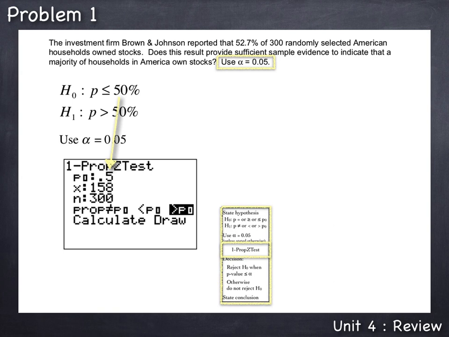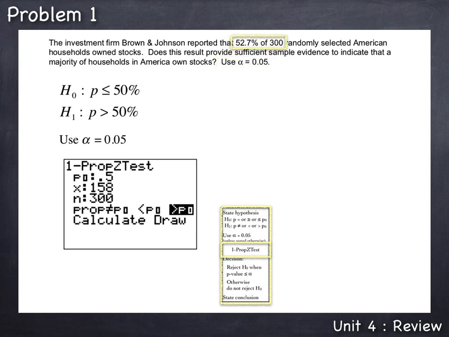So with the cursor blinking next to p0 on the calculator, we type in the 50%. But since the calculator is a decimal machine, we enter 50% in decimal form as 0.50. After we've entered the 0.50 for p0, the calculator then is prompting us for the x, which is the data value for what this problem was about, and n, the total sample size that was used in this problem. So here we look back to the sample data.